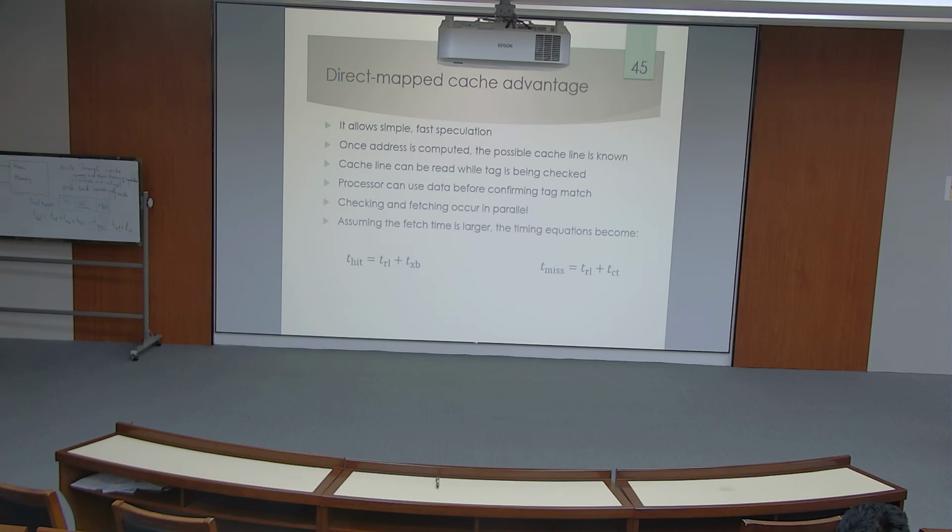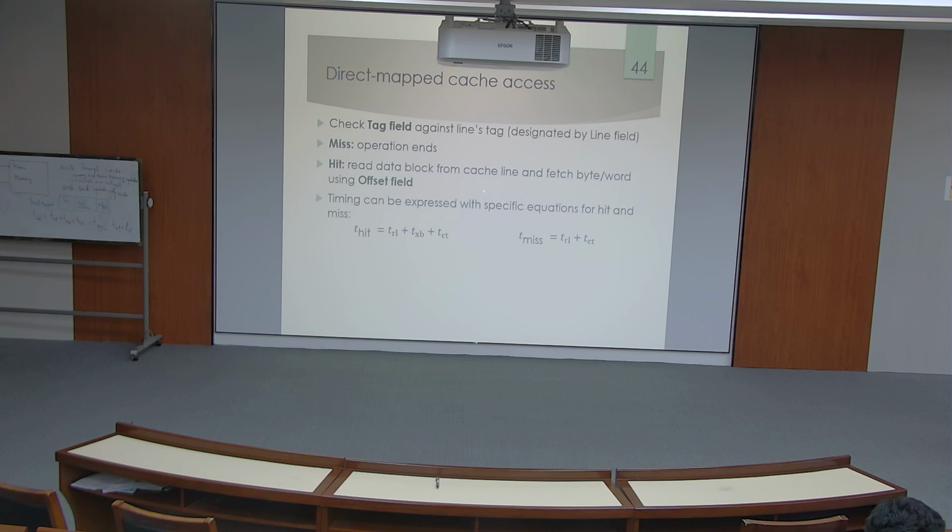That means the checking and the fetching can be done at the same time while the system is still doing the matching, the checking between the tag from the central processing unit and the cache line's tag.